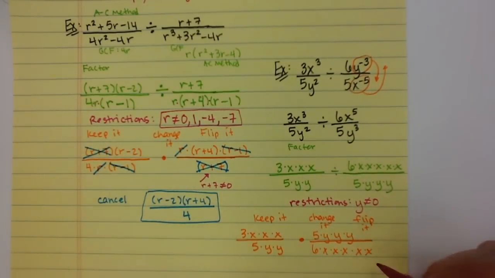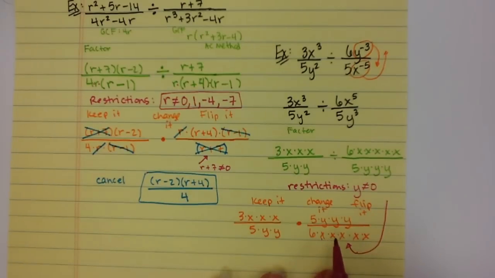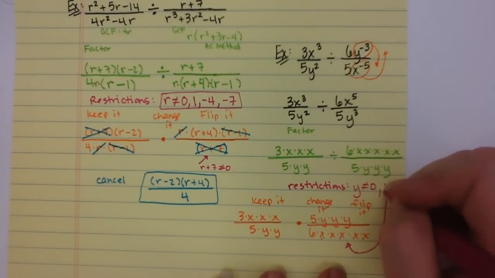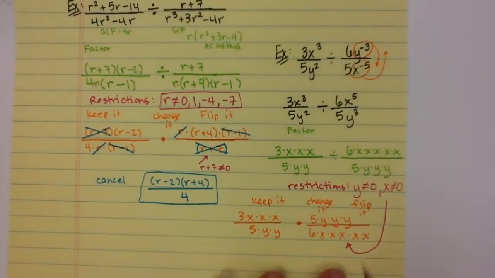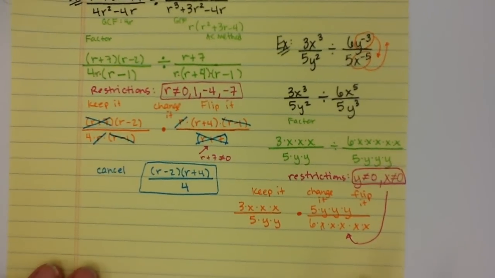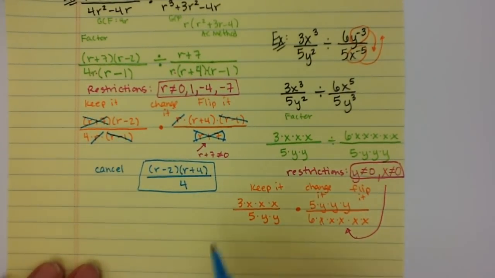Check for new restrictions. I do have new restrictions. I don't worry about the 6, but I have x can't equal 0. So my restrictions are y can't equal 0 and x can't equal 0. And then I'll move on to the canceling phase.